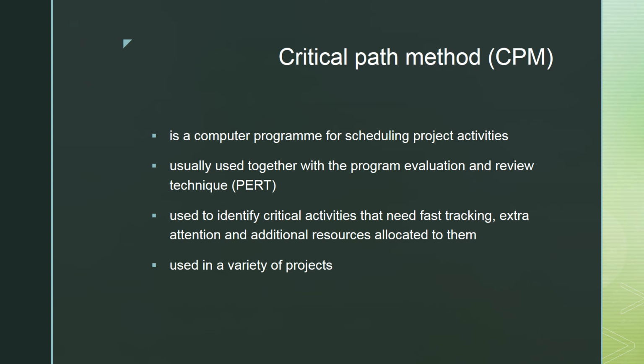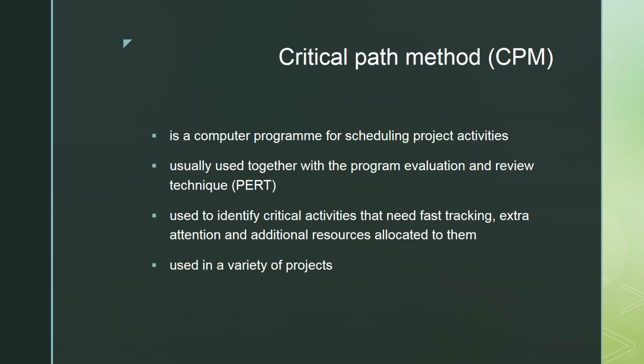So you may want to move certain activities faster than they are currently, or you've identified some activities which require extra attention, or maybe they require additional resources allocated to them. The CPM helps you do that, right? But certain activities, as you do the project, you realize, when we planned for this, we had allocated fewer resources than this activity actually needs.